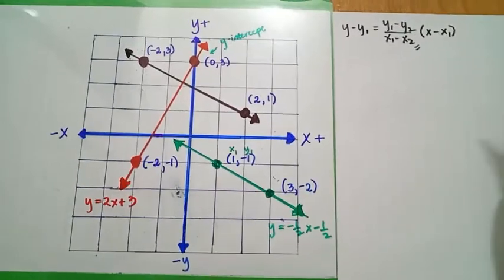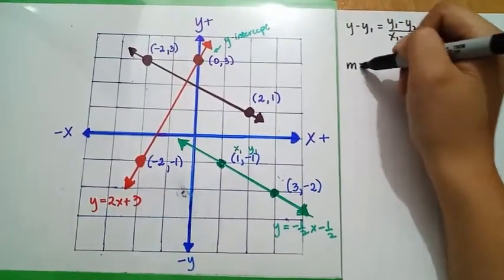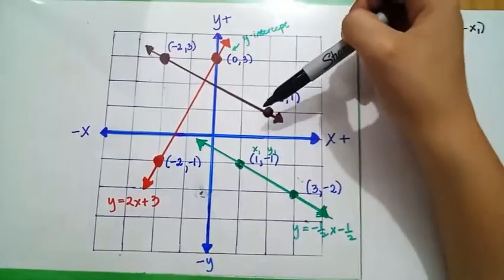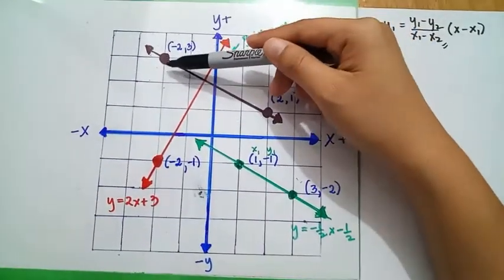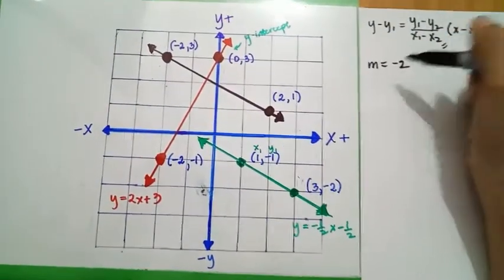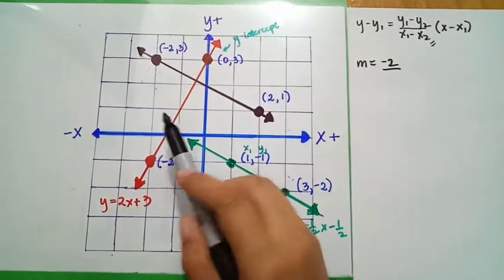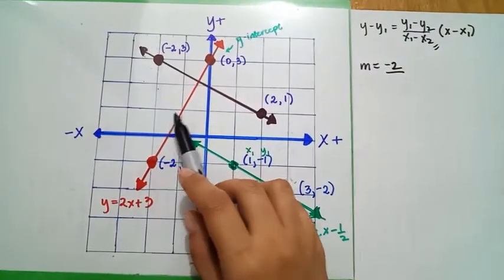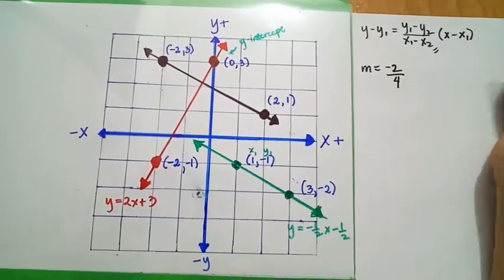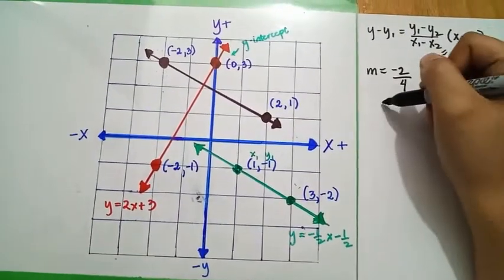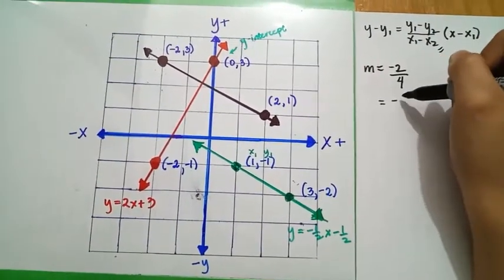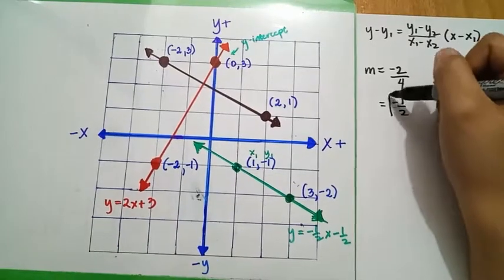Okay? So, for the slope, okay, kung rise over run ang gagawin natin from one point to the other point, you will take 1, 2, 2 steps downward, so it's -2. Then, you will also take 1, 2, 3, 4, 4 steps to the right. So it's +4. Okay? And expressing your answer in lowest terms, we will have -1/2.